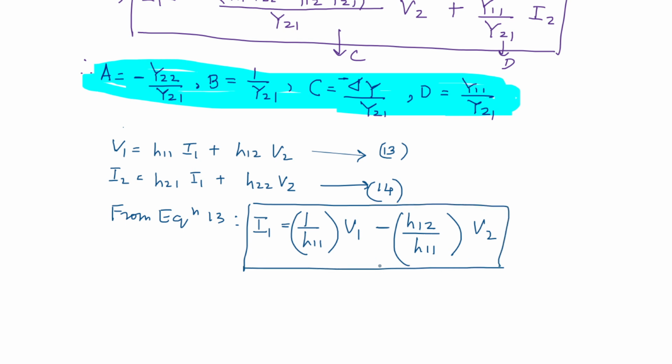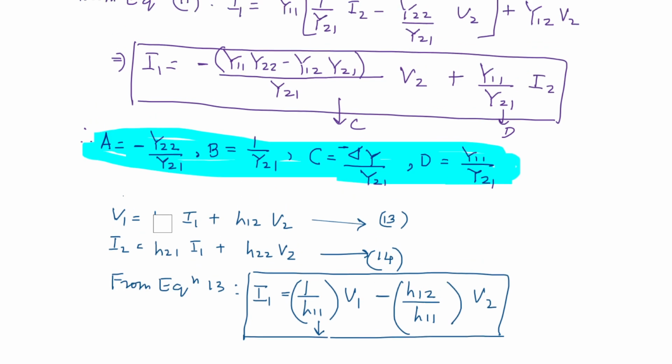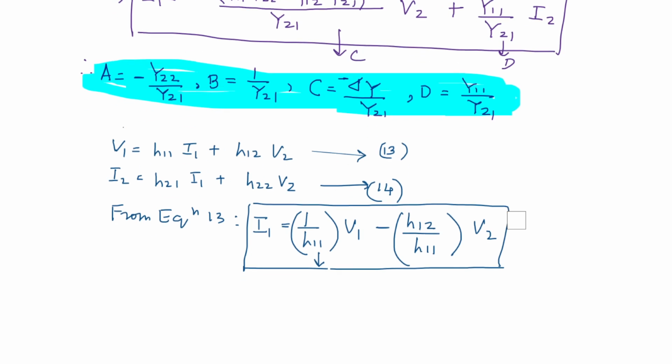Now if you compare, this must be C, because I1 is equal to C. Sorry, this is actually, we are representing in terms of hybrid parameter, right? So it is not the correct thing.